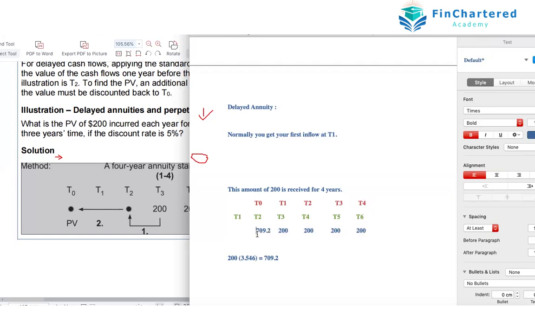So in time 2, the value of this 200, 200, 200, 200 received is how much? 709.2.